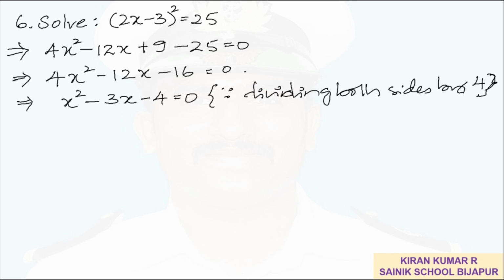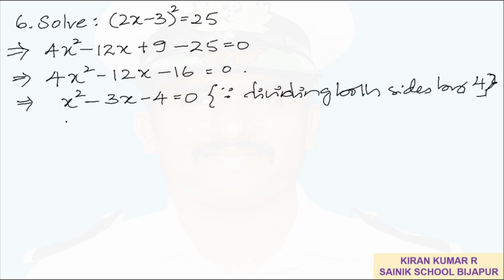Once 4 is considered and we have divided, we get this equation. Now you easily can think of the solution here. Negative 4 should be obtained as a product and negative 3 should be the sum. The combination of negative 4 and positive 1 would work out.